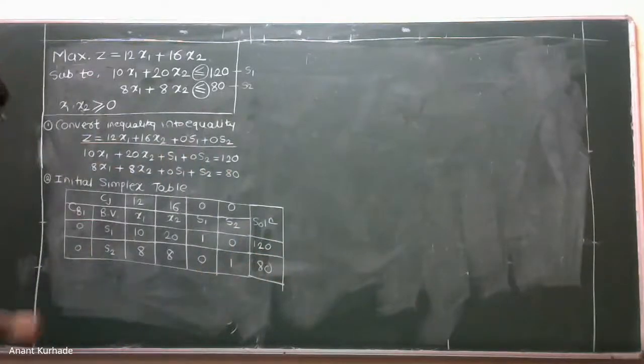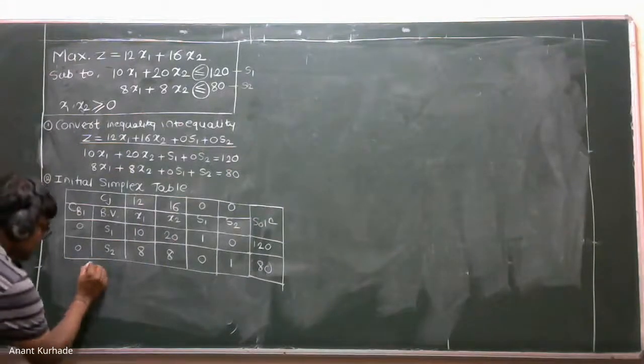Now see, again exactly below you have to find Zj.